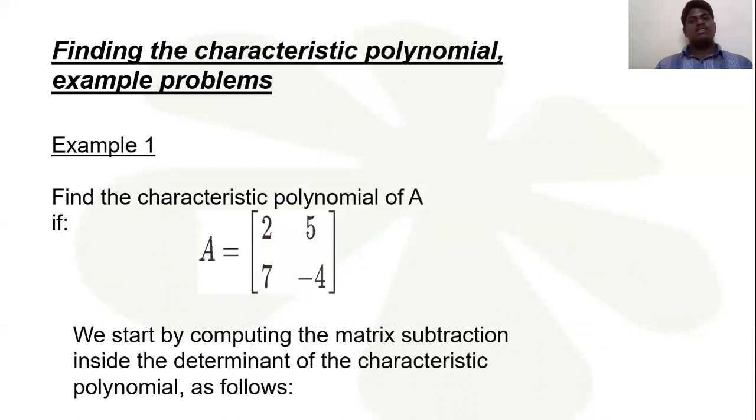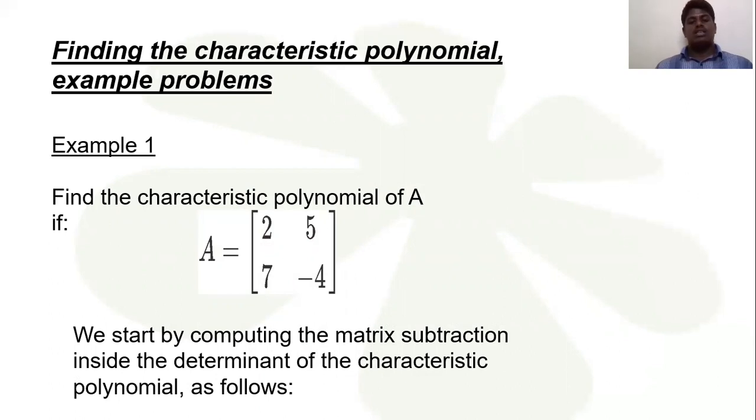Finding the characteristic polynomial, example problems. Example 1. Find the characteristic polynomial of A equal to 2 5, 7 minus 4. We start by computing the matrix subtraction inside the determinant of the characteristic polynomial.